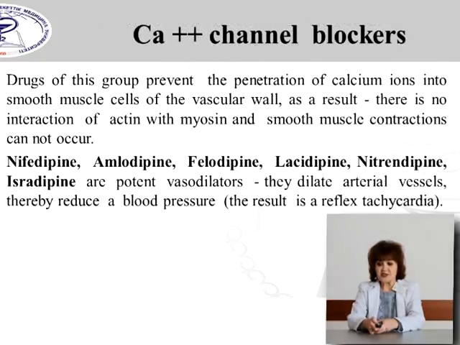Calcium ion channel blockers. Drugs of this group prevent the penetration of calcium ions into smooth muscle cells of the vascular wall. As a result, there is no interaction of actin with myosin, and smooth muscle contraction cannot occur.